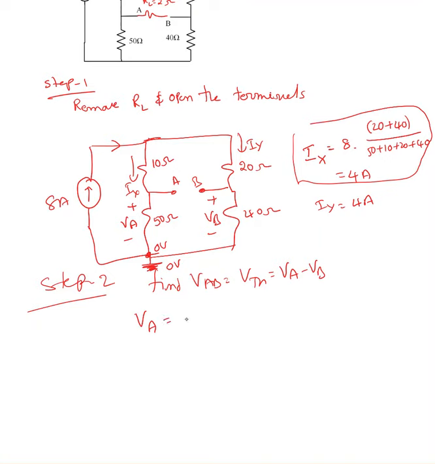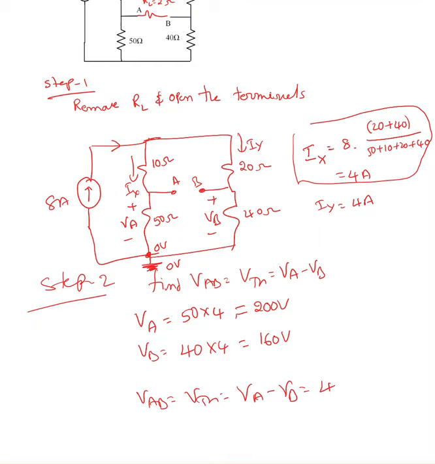So VA equal to 50 times 4 amperes, which is 200 volt, and VB equal to same thing, 40 times 4 ampere, which is 160 volt. So what is VAB? VAB equal to VThevenin equal to VA minus VB, which is 40 volt.